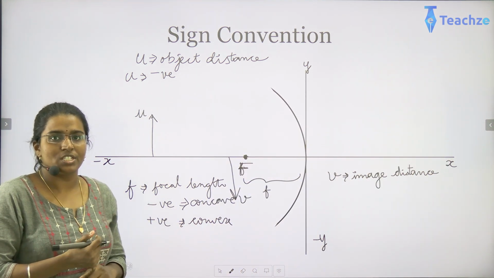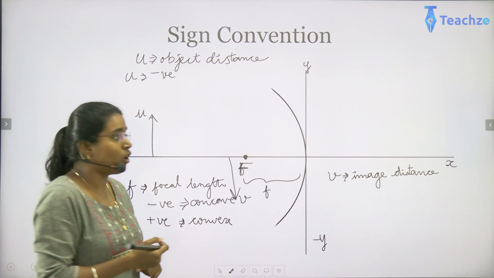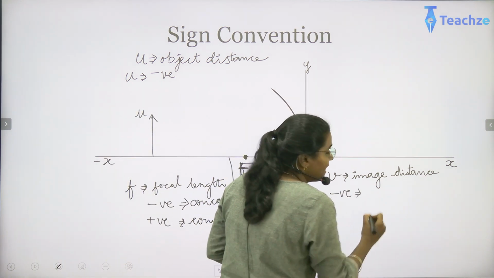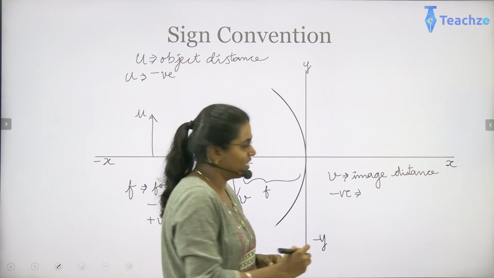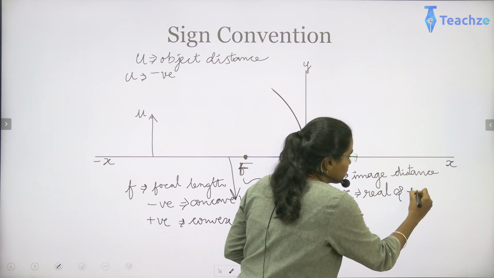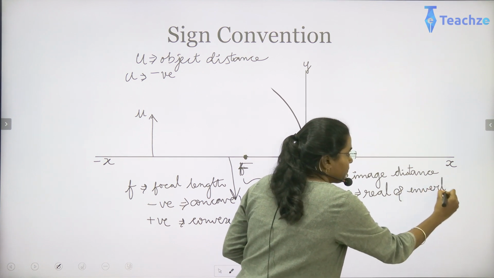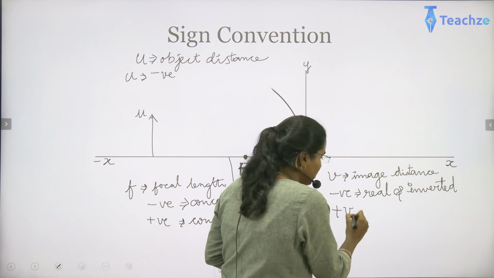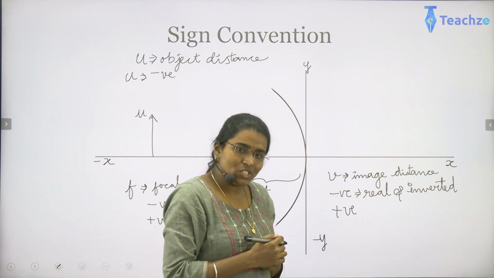So my image distance is negative for real and inverted images. Good. It will be positive for virtual and erect images.